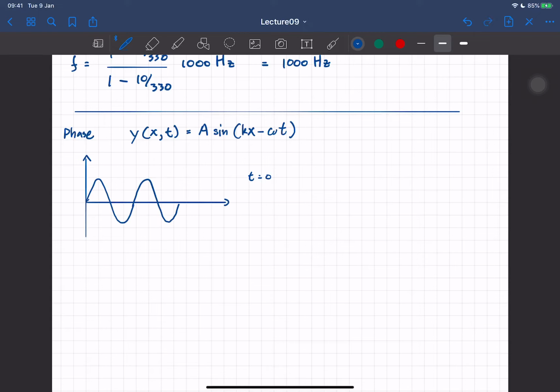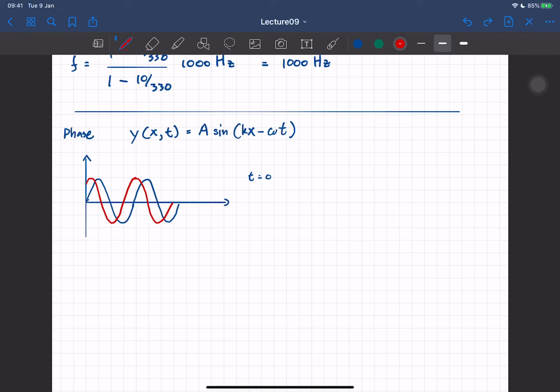Okay, and what can happen is that you have another wave, and at the same time, at t equal to 0, the wave might be a little bit displaced in the sense that it does not start at the 0 point. Maybe it starts at the top point like this. Right. But everything else is the same, meaning that it's the same frequency and the same wavelength. The only difference is the starting point here.